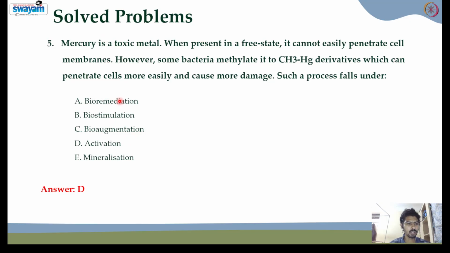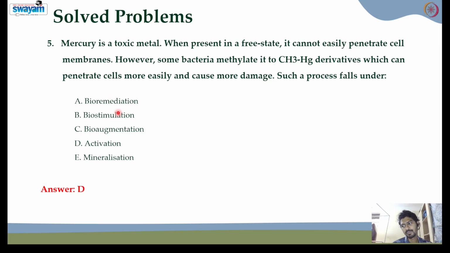And why not the other options? First is bioremediation. Bioremediation is a general term where microorganisms are used to clean up environmental pollution. But here methylation makes the mercury more toxic to the environment, so it doesn't suit this situation.